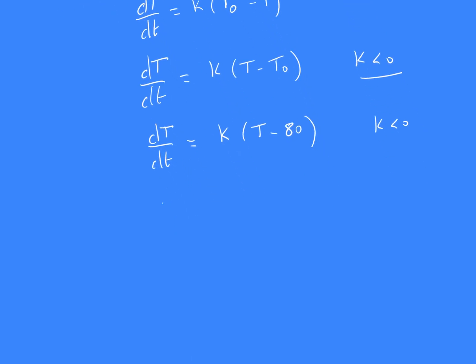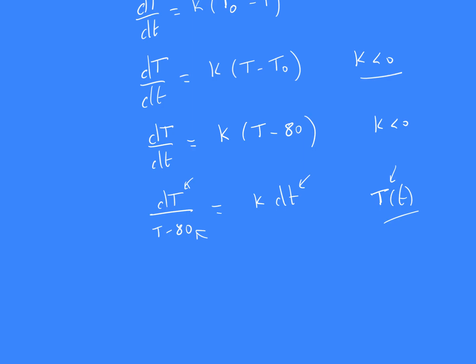How? Separation of variables. dT divided by T minus 80 will be k times dt. This is time. This is the temperature of the object. This is the temperature of the environment. And what I want to find is the temperature of the object as a function of time. We know that the initial temperature is 1500.